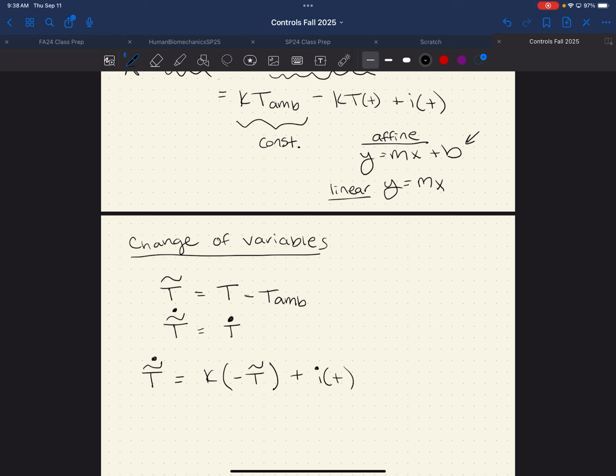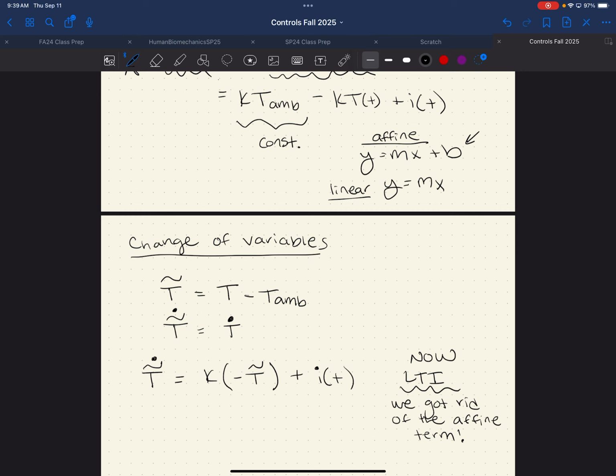Do I have that affine nature? No. Nope. I'm now LTI. We got rid of the affine term. Okay, good. So now that I'm LTI, what can I find about this system?